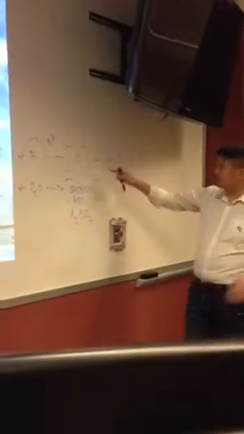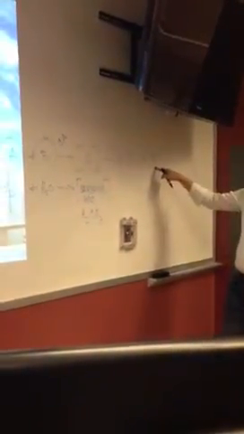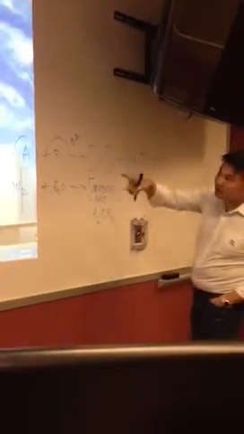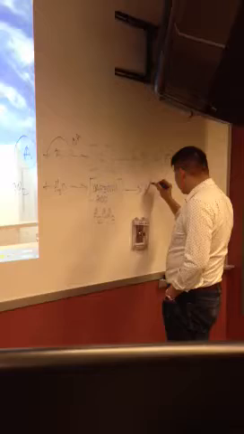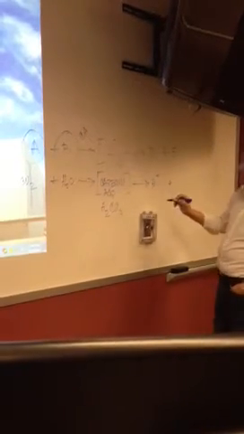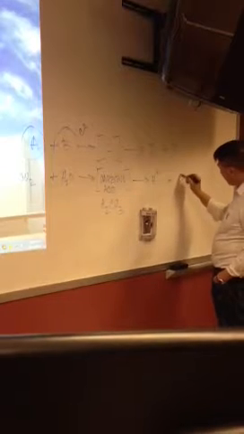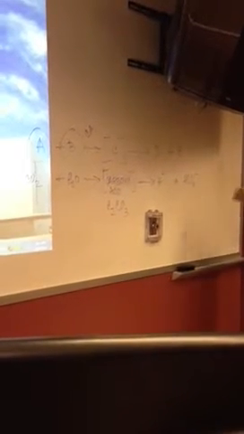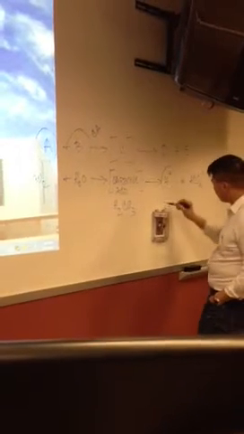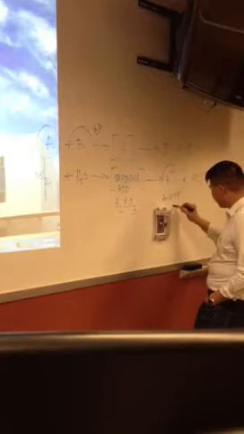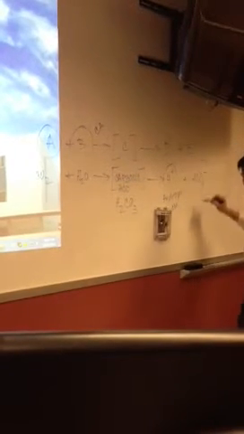It spontaneously splits into D and E. D is H plus, or hydrogen ion, and E is bicarbonate, HCO3 minus. Right, so this is hydrogen ion, and this is bicarbonate.